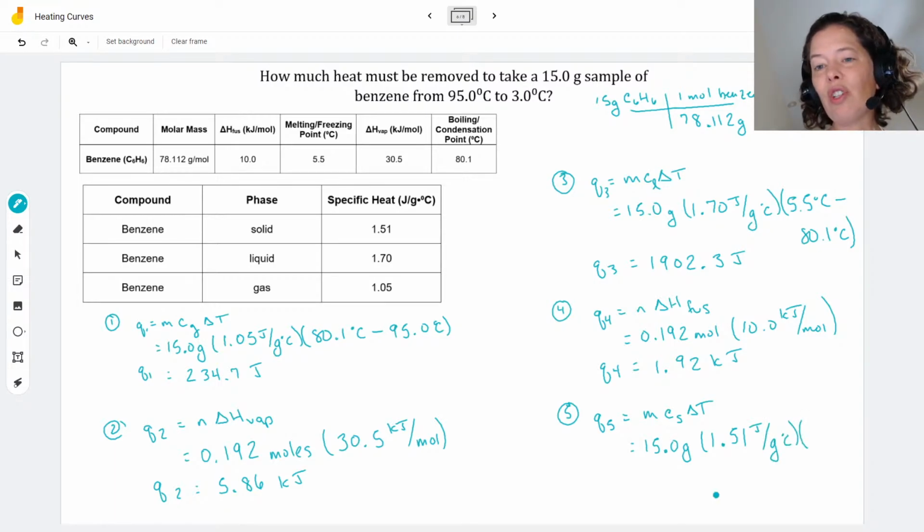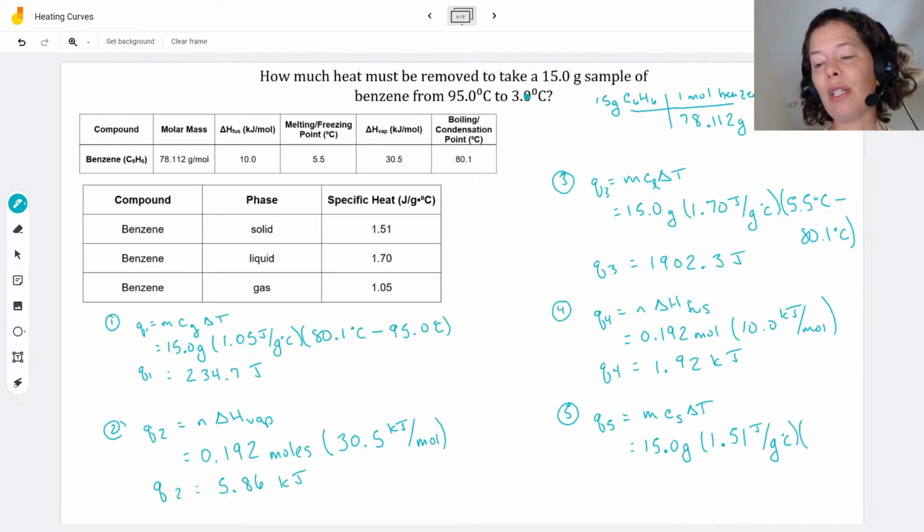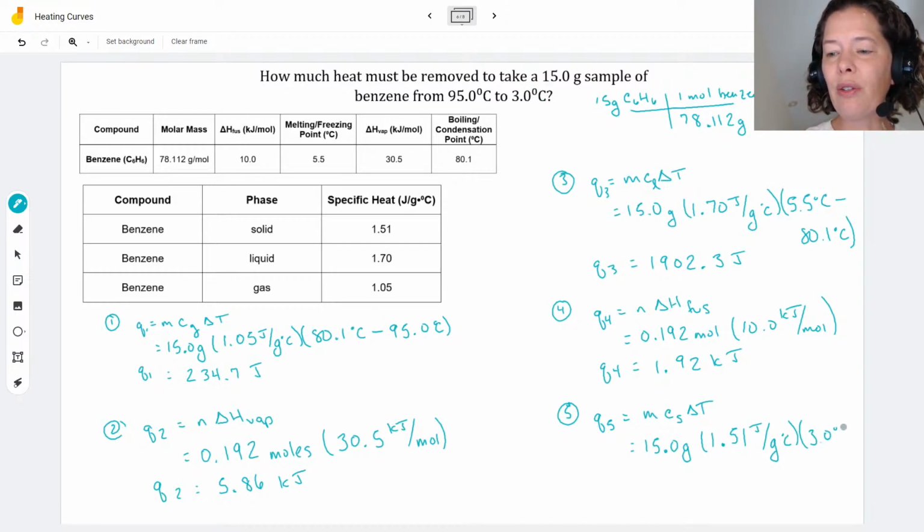Now for our temperature change, remember we've been at the freezing point and now we're going down to, the problem tells us, 3 degrees Celsius. So we will end at 3 degrees Celsius and we started at the freezing point, which is 5.5.